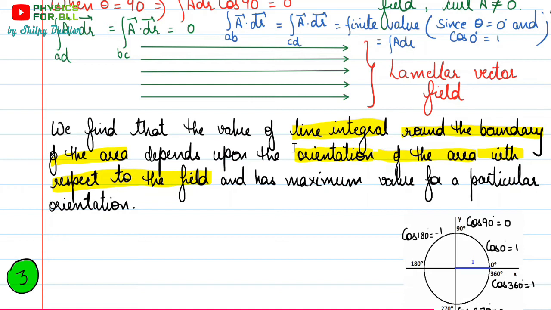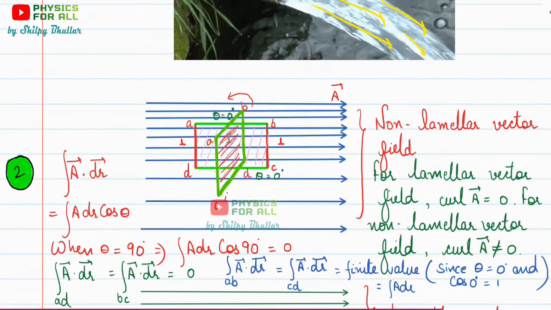The cases when it would be aligning in the direction of the field, sometimes it would be at some angle with respect to the field, in some cases it would be normal to the field. So that only depends, and we can find this particular thing only and only if that particular area is rotating. That means if curl is involved. And that's the reason why we considered an area to understand curl of a vector function.